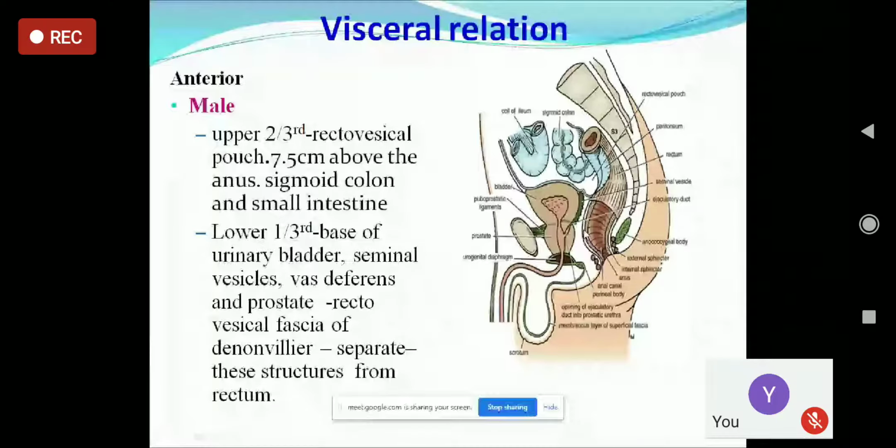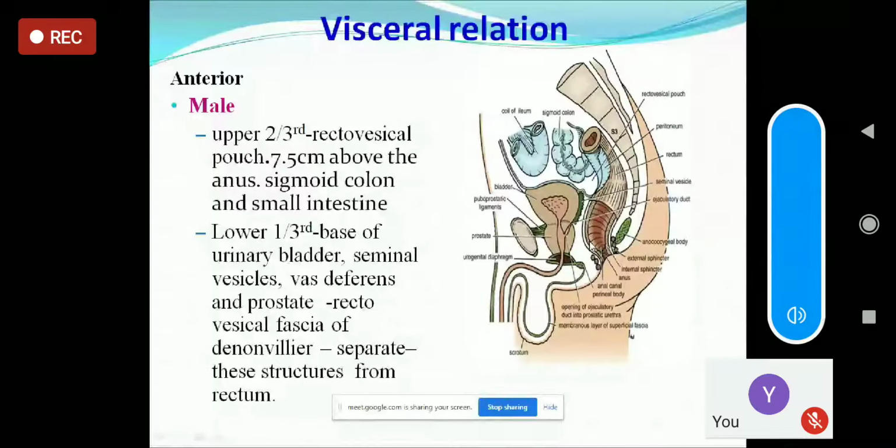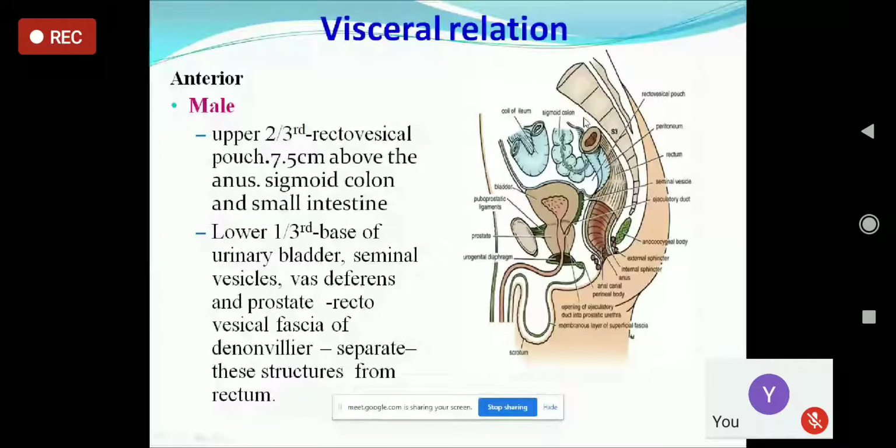I can't show you these lines over here. This rectovesical fascia is somewhere between here, this line, so this may be the rectovesical. Okay, are you getting me? These are the anterior relations you will get in the MCQ question also. So this is divided into upper two thirds and lower one third.